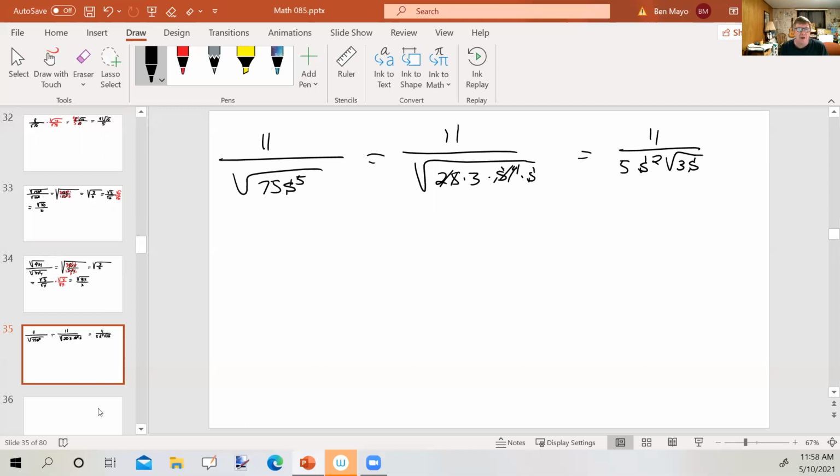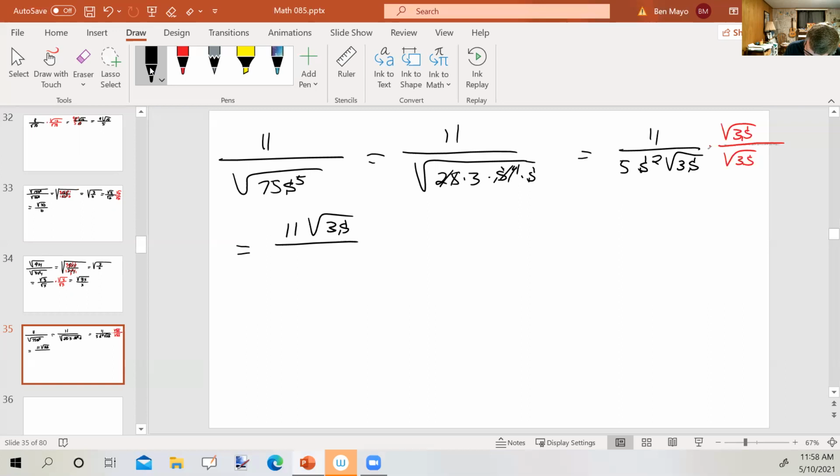So now that 5s squared outside doesn't need to be rationalized because it already is. So I'll multiply by the square root of 3s over the square root of 3s. My new numerator is 11 square roots of 3s.